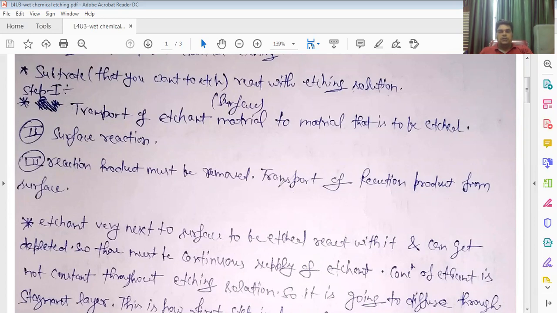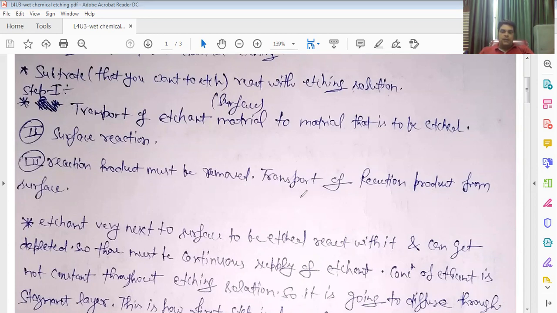This is the etching solution. The layer of etching solution very next to this surface is known as a stagnant layer. Whatever etchant is present in this layer will react with the surface atoms, and after reaction these surface atoms will be etched, removed.